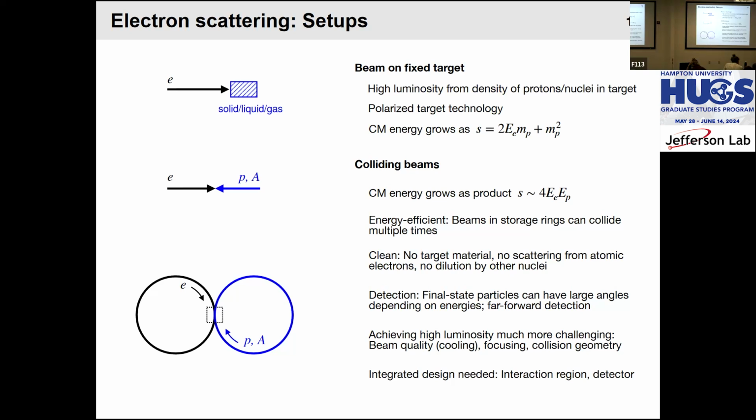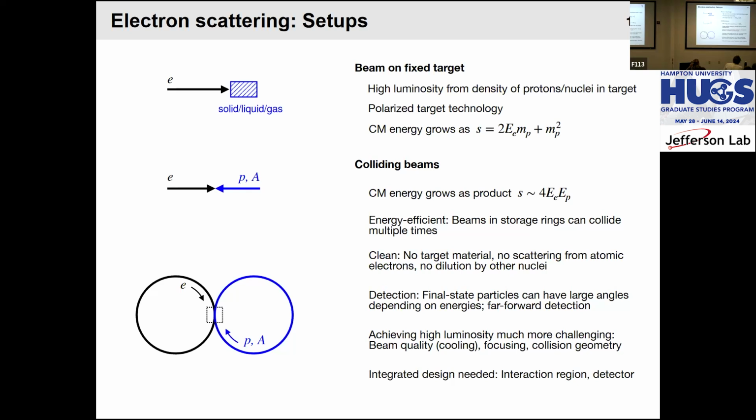You have a solid target surrounded by atomic electrons, and of course our incoming electrons can scatter with these atomic electrons. It creates some very intense radiation in certain parts of the detector. All this is avoided in colliding beam experiments.